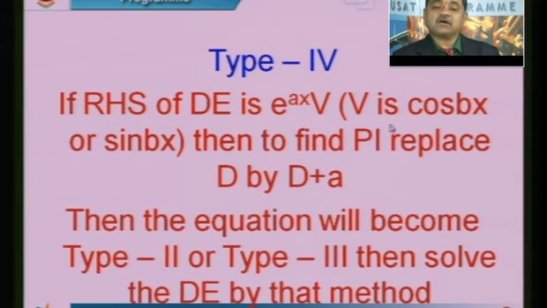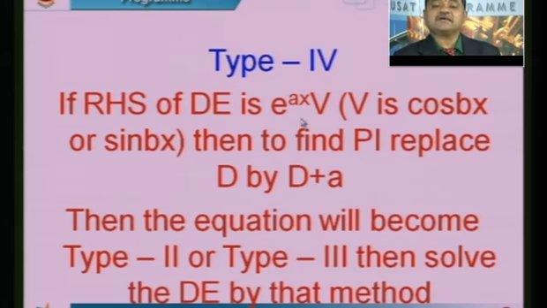What happens if v is cos or sine? Then the equation will become type 2. If it is a polynomial, then it will become type 3. So if the right hand side of the differential equation is e power ax into v, and v can be cosine, sine or polynomial, then to find the particular integral, first you replace d by d plus a.